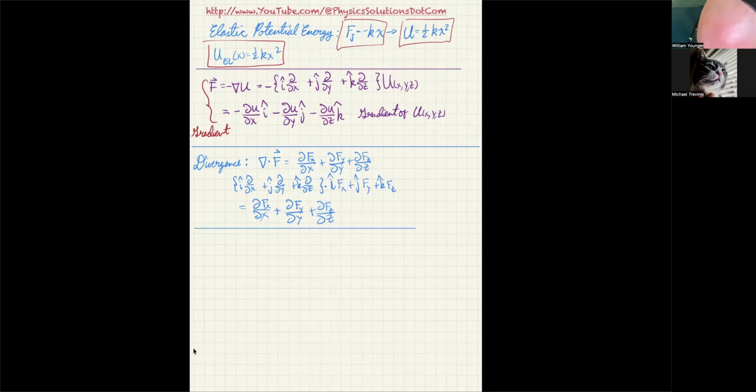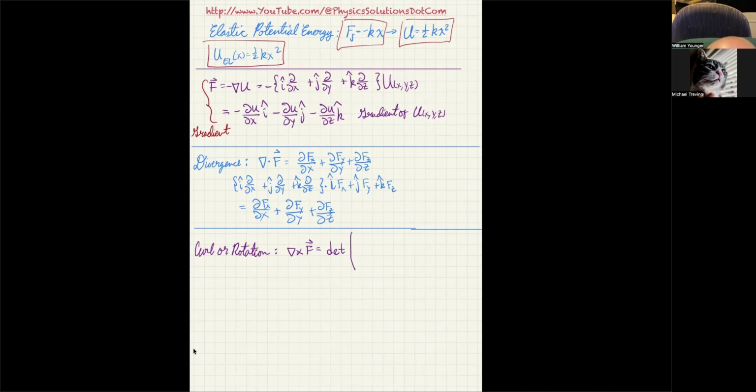Similarly, we can also define the curl, which is also called the rotation. So curl, rotation, and that's given by del cross f, which is the cross product, and we've been teaching you how to do that with the determinant.